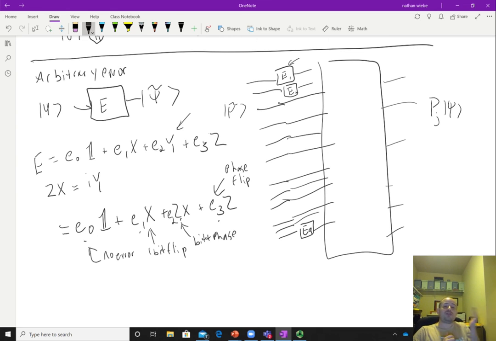For example, even deleting a quantum bit and replacing it with utter garbage, like a random state, is something this code can correct against, which is actually kind of remarkable if you think about it. So that is how quantum error correction works.